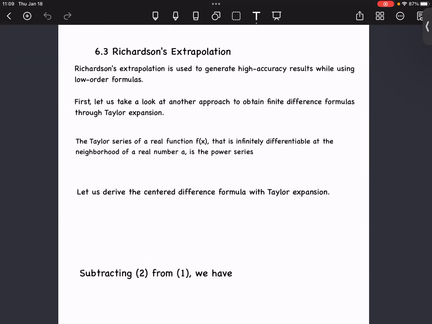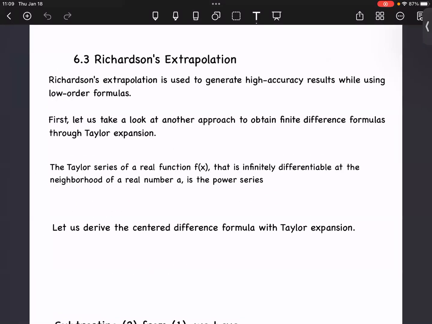Today, this one is still approximating the first derivative, and we are using a different way to derive the formula. For the forward difference formula and center difference formula, we used the Newton's form to get the approximations to f.